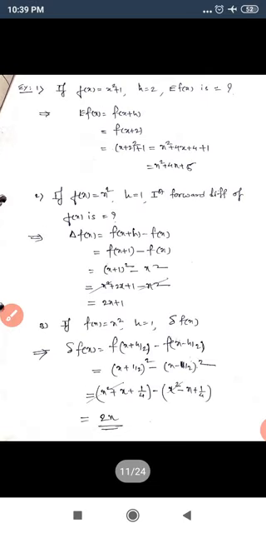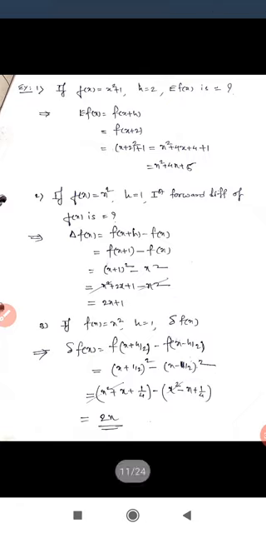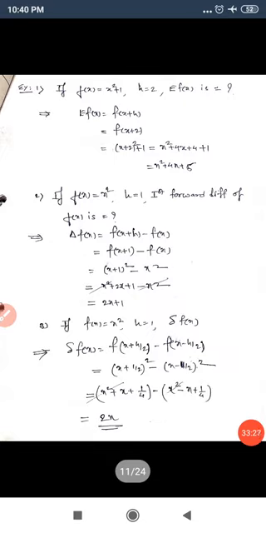Now examples depending on these operators. If f of x equal to x square plus 1, h equal to 2, then what is e of f of x? E means the shift operator.